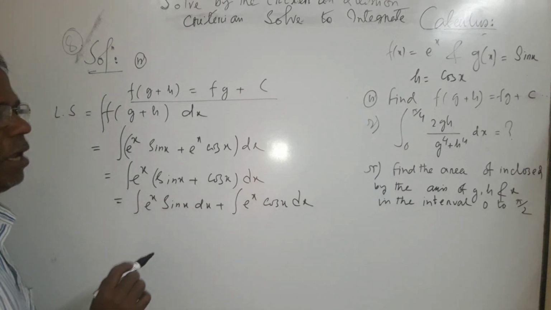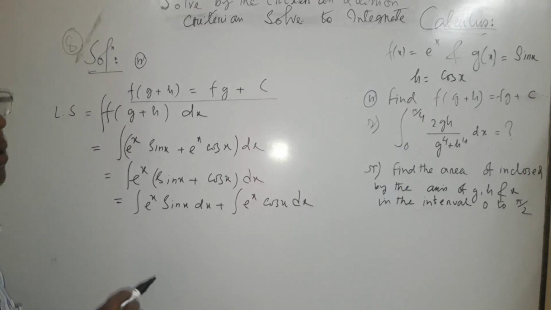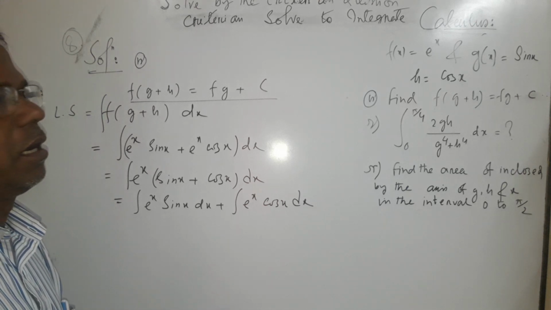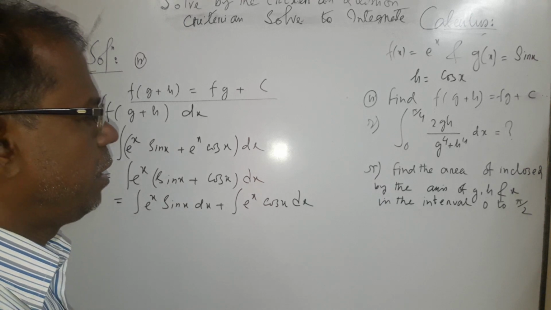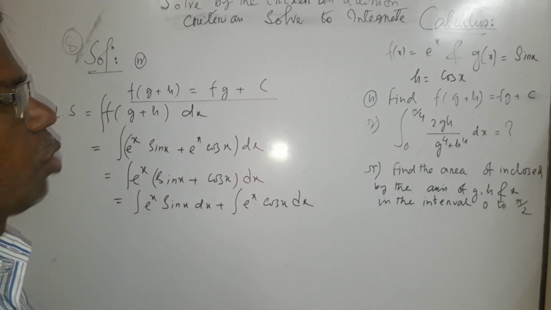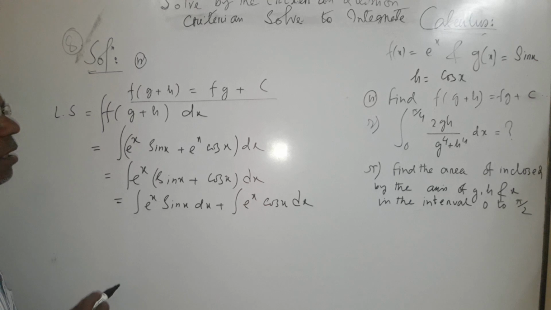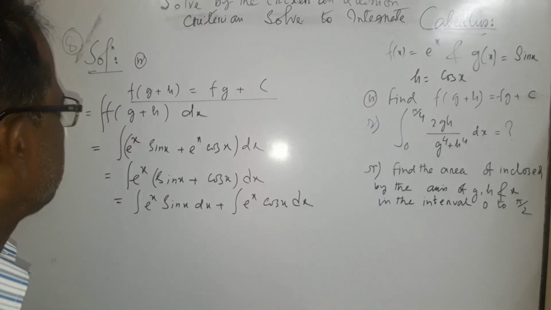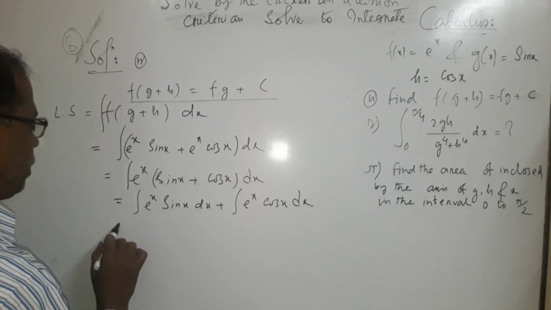Here you have to apply integration u v dx minus integration of d by dx of u, integration v dx, close dx. Just integration u and v. You have to apply these two terms of integration.